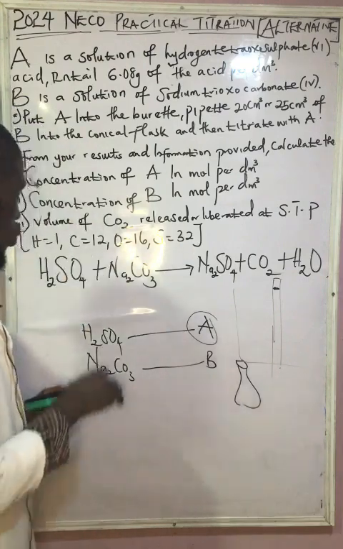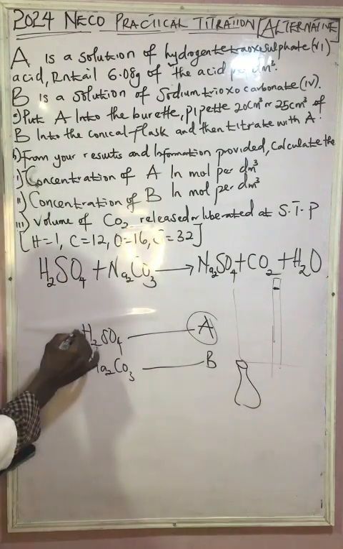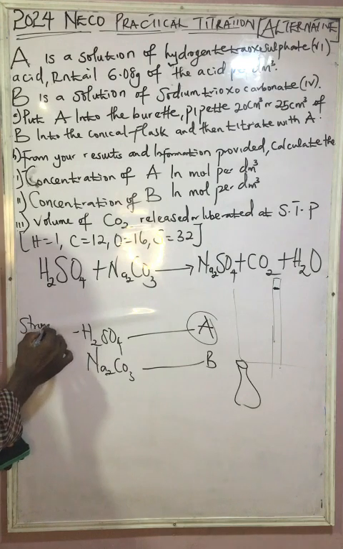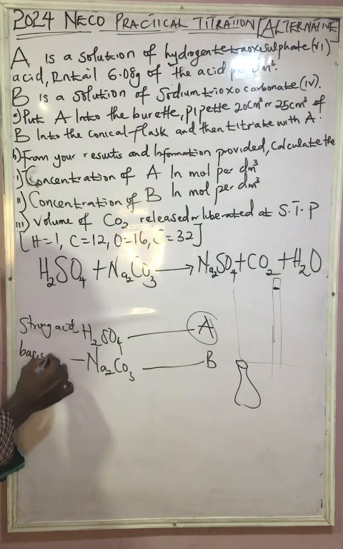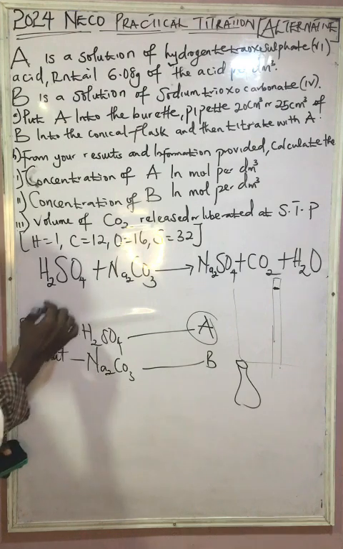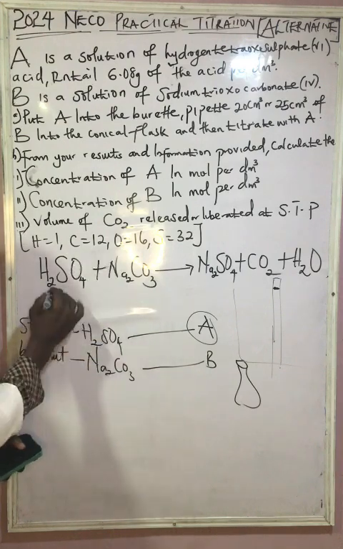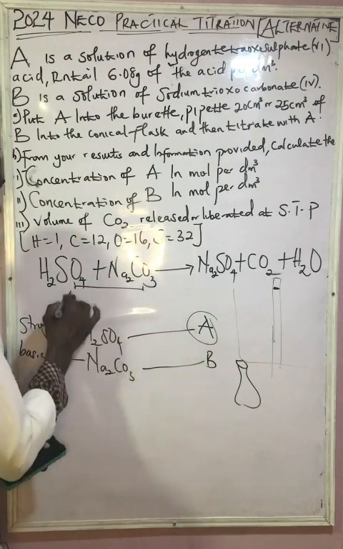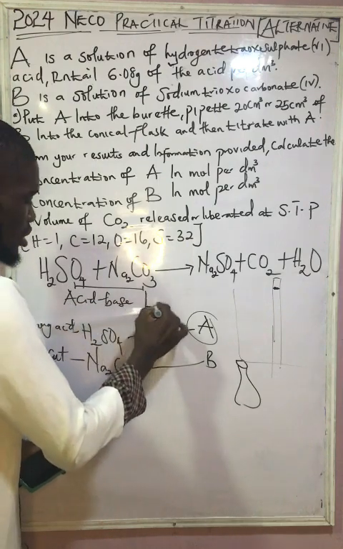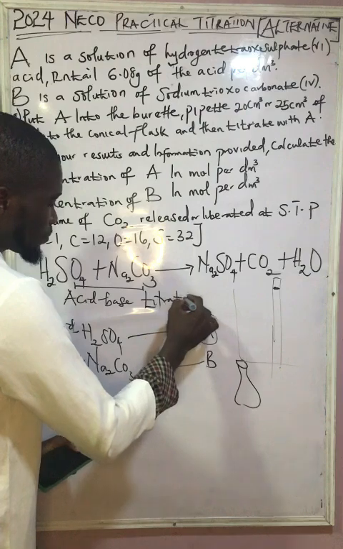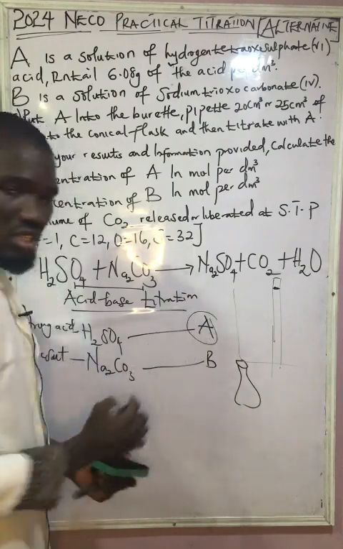And mind you, sulfuric acid is a strong acid, while this is a basic salt. So we are now saying we are titrating. This particular thing is an acid-base titration. Is that clear?